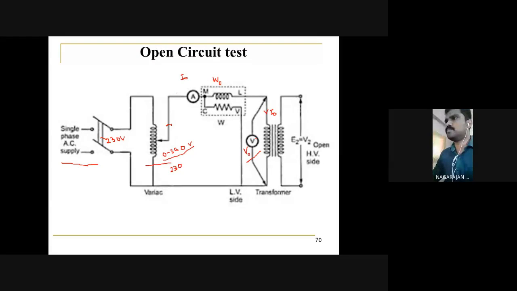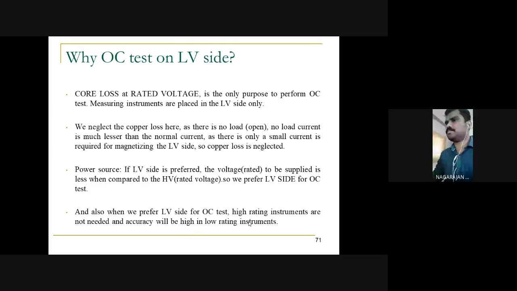You are not considering the current value here. So I get three readings: I naught, W naught, and V naught. I naught is the no load current, W naught is the no load power, and V naught is the no load voltage. That is what is given here.